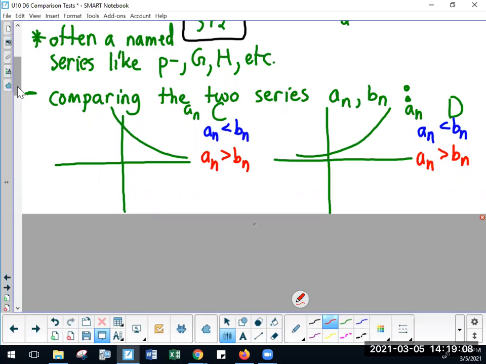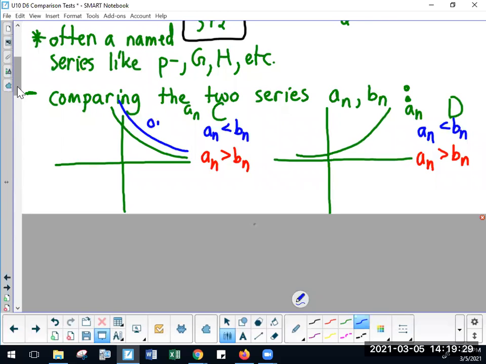All right, just looking at graphs. Supposing that A sub n is less than B sub n, A sub n looks like this. What does B sub n look like? I don't know. Could it look like that? Sure, it could look like that, but that's not the only possible outcome.